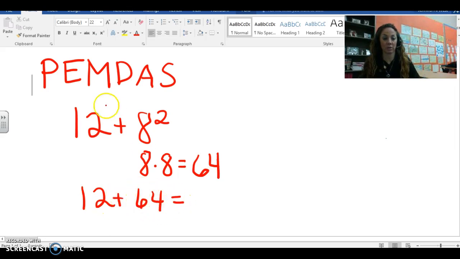Well, when we come back up here, we see that we have nothing to multiply and nothing to divide. So now it looks like we have some adding to do, because that's next in line. So we add 12 plus 64, that equals 76.